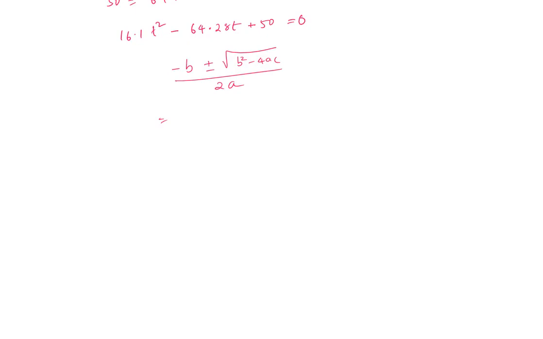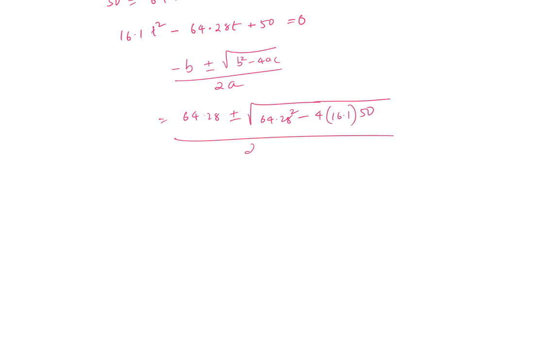So minus of minus 64.28 plus or minus the square root of 64.28 square minus 4 times a times c, whole divided by 2a, 2 times 16.1.